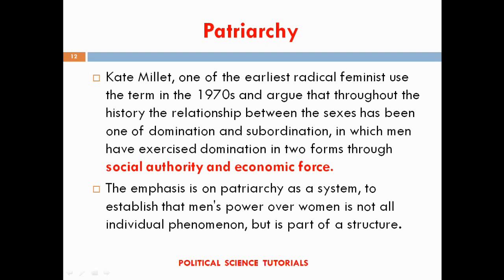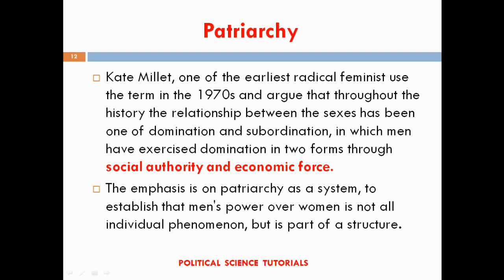Kate Millett, one important feminist, argues that throughout history, the relationship between the sexes has been one of domination and subordination, in which men have exercised domination in two forms, through social authority and economic force.